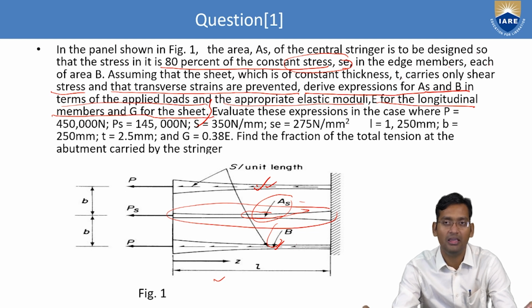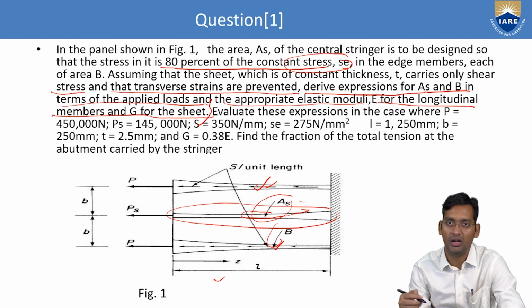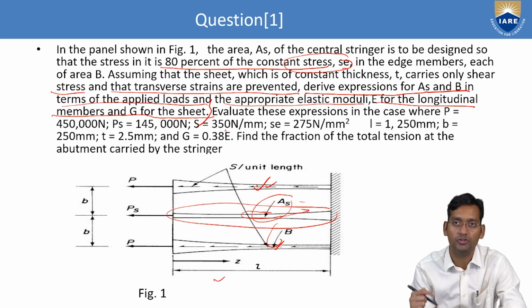Once we derive AS and B, after that comes the second part of the numerical. So first derivation and then second is numerical.